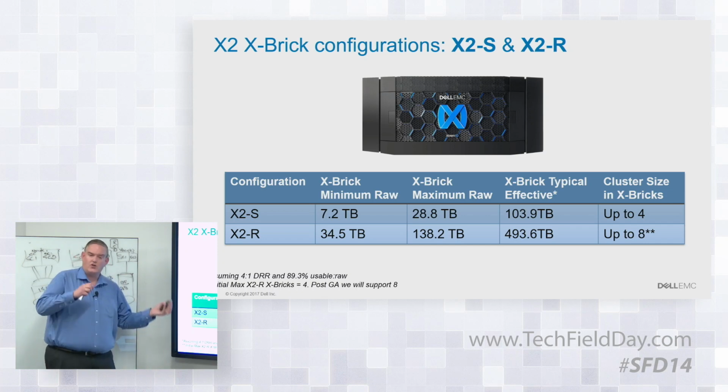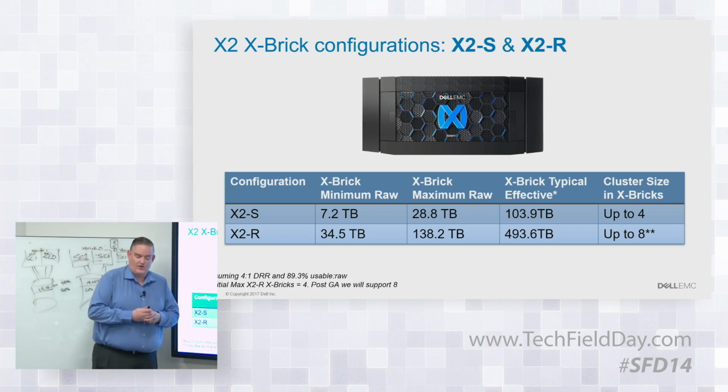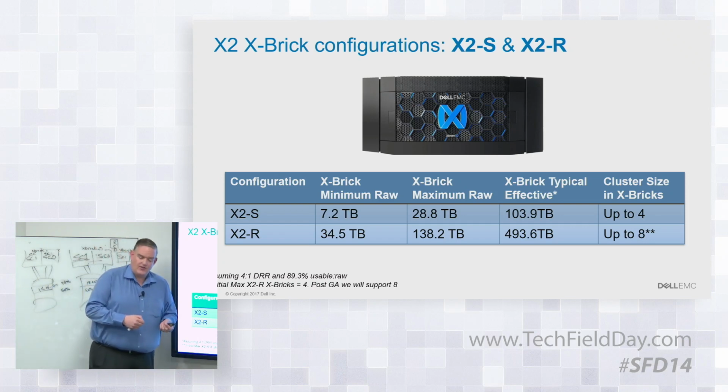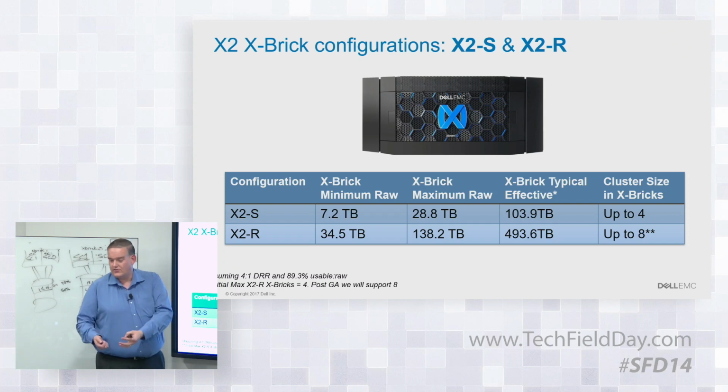You might ask, when do you use which? Always a consideration. For smaller workloads or very highly deduplicable workloads, X2S makes a lot of sense. One of the things we've done as part of X2 is introduce a sizer that is available to our partners as well as our internal employees.